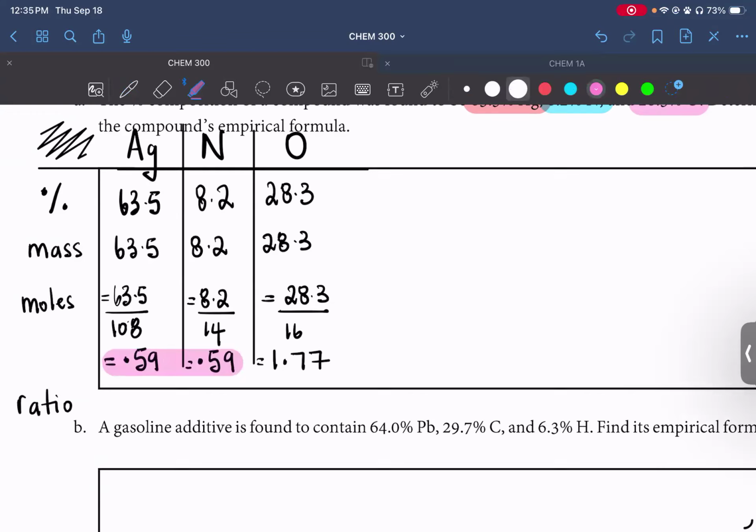Doesn't matter which one you pick. 0.59 divided by 0.59 is 1. 0.59 divided by 0.59 is also 1. 1.77 divided by 0.59 is actually a flat 3.